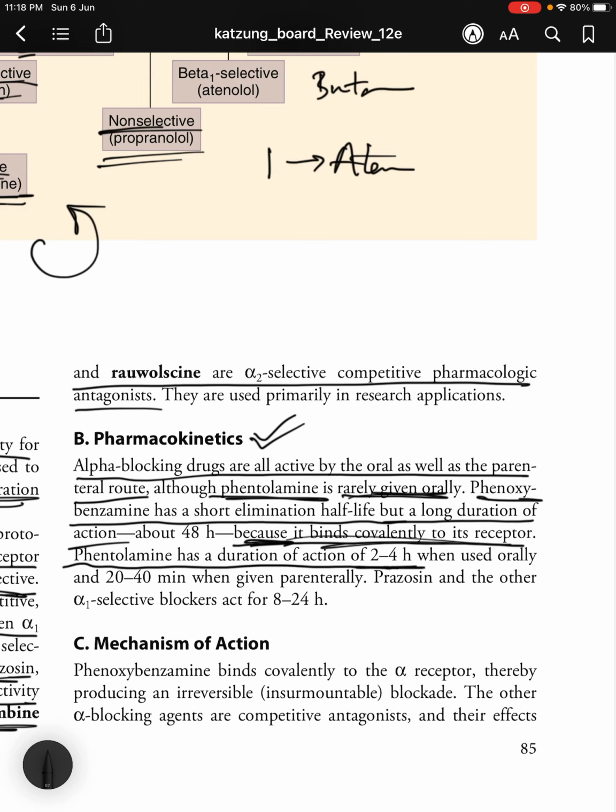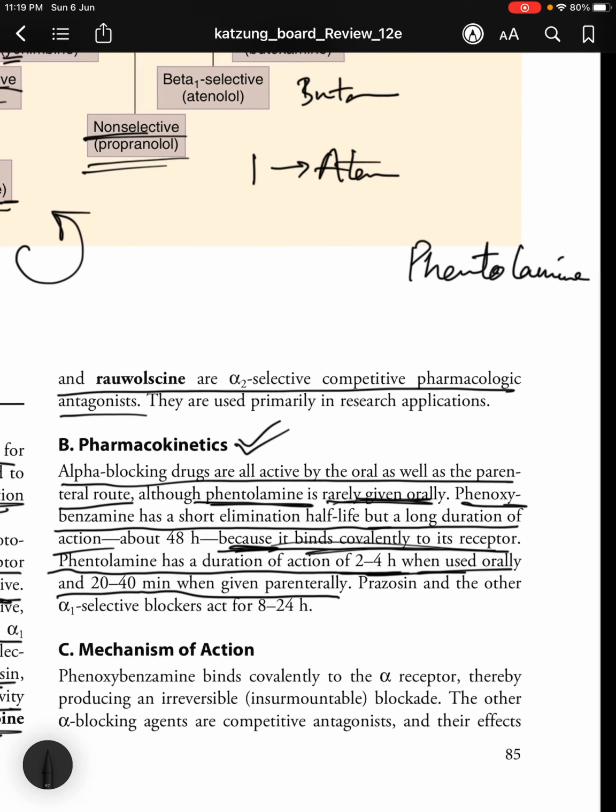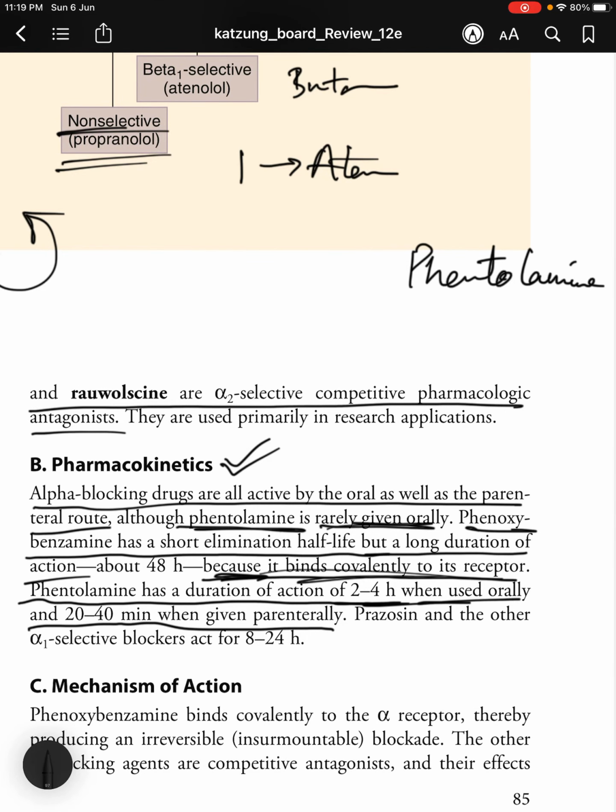Phentolamine has a duration of action of 2 to 4 hours when used orally and 20 to 40 minutes when given parenterally. Amine sounds like "again," so again you can get it. It is a reversible non-selective alpha blocker.